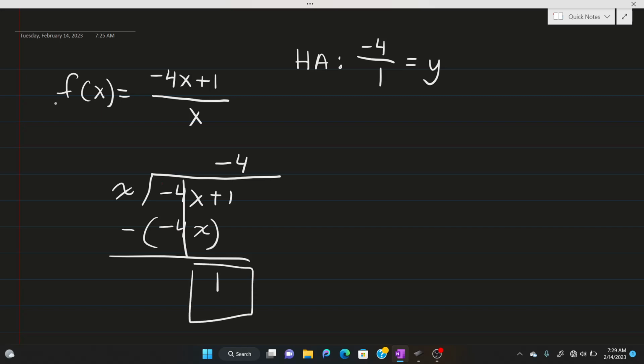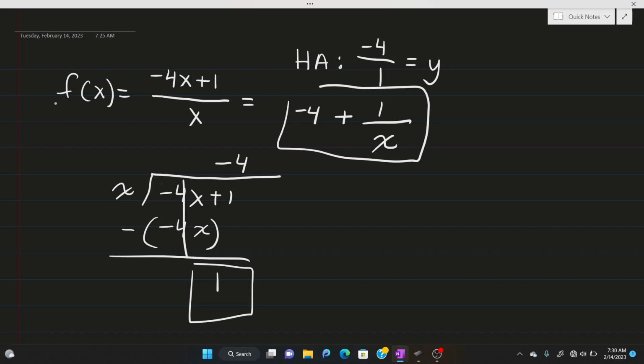So the way I write this is equal to negative 4 plus the remainder, which I still need to divide by the divisor x. So this is my answer. And now this helps me decide what the transformations are.